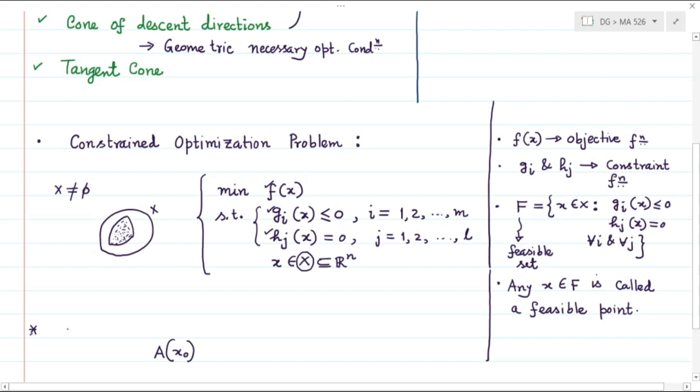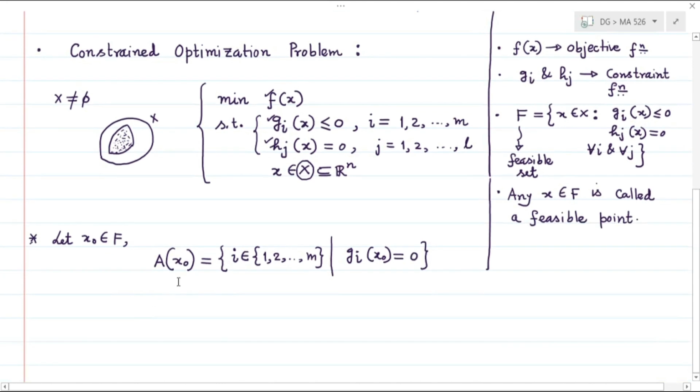So we let x0 be a feasible point, and you construct the set of all indices i in the inequality indices 1 to m, such that the ith inequality g_i(x0) equals 0. This set of all indices, A(x0), is usually referred to as the active set. And this active set has a very special significance.